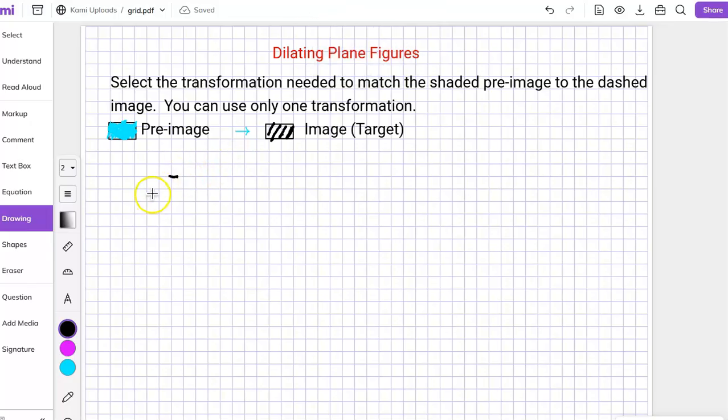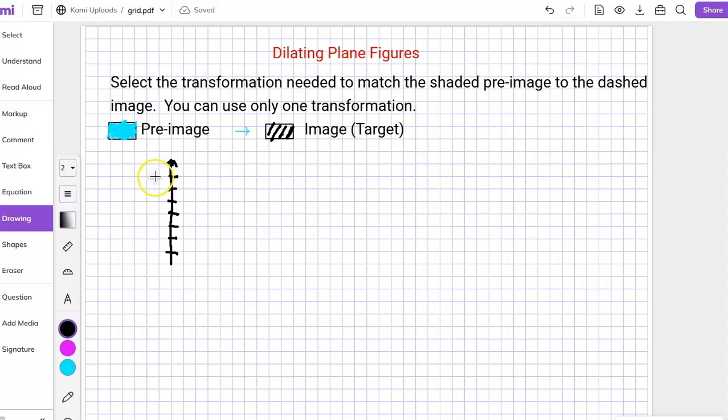So it's going to go 11, 10, 9, 8, 7, 6, 5. So I'm going to draw my line here. And this is my y-axis.